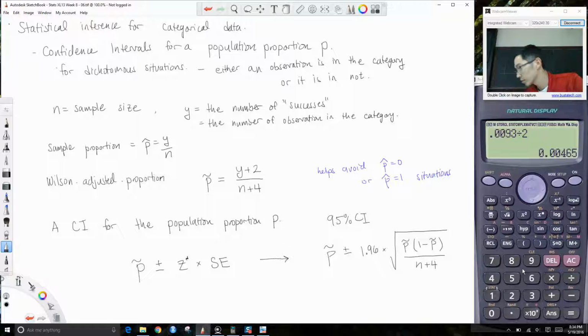It really is just a matter of plugging and chugging along here. You observe the number of successes over your sample size, and you just plug it in here and you get your confidence interval.